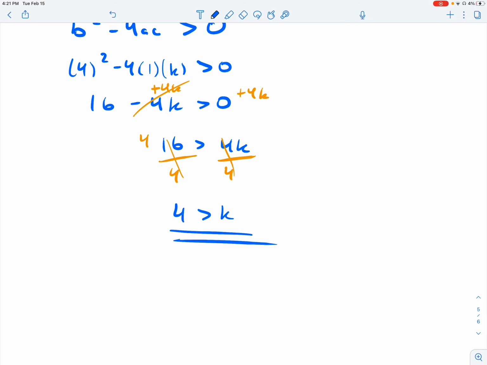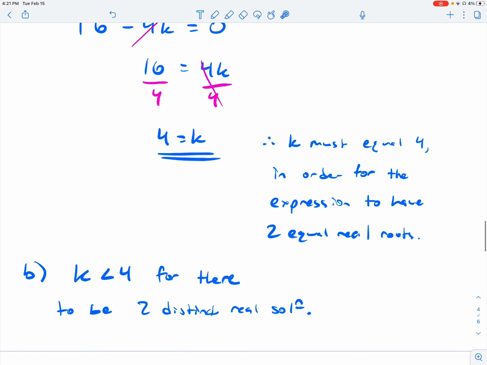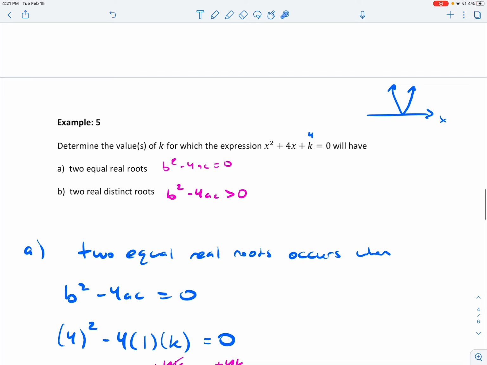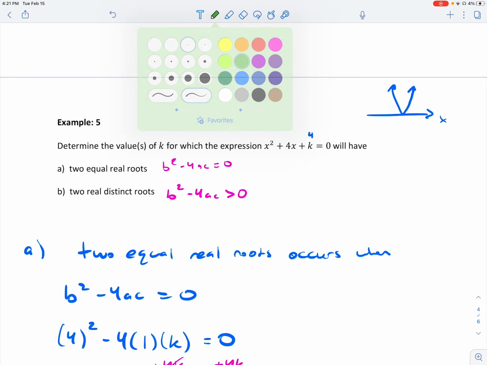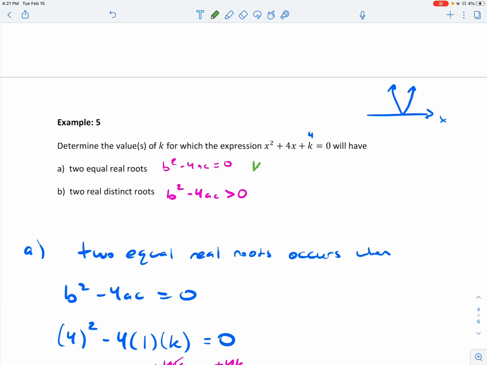You can see that's exactly what we had said earlier. This quadratic has one solution, but if I make k smaller, I can get it to shift down, and then I can get two solutions. Just to recap real quickly, for A, k needed to equal 4. For part B, k just needs to be smaller than 4. Those are my two answers.